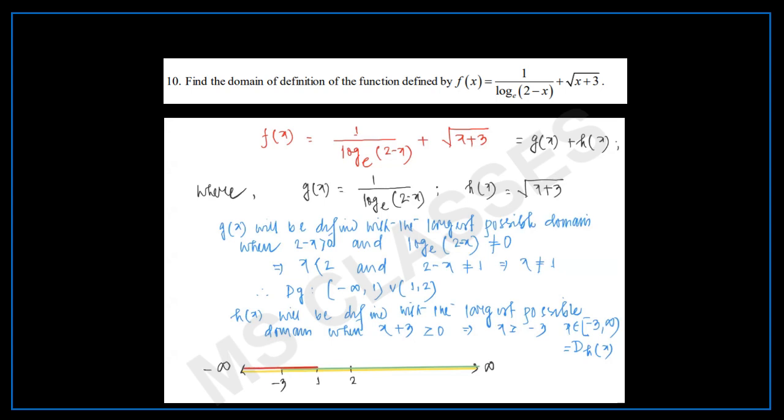Here, this is what we have taken, but this is excluding 1. That is, 1 has not been taken into consideration, and this is up to 2, and here 2 is not taken into consideration. So if you see the common region here, that is the domain of g intersection the domain of h, what do we get? We get minus 3 comma 1 union 1 comma 2. That is the required domain of f.